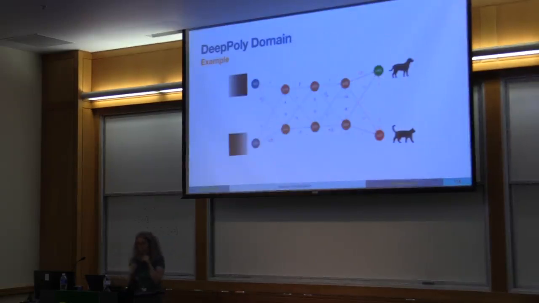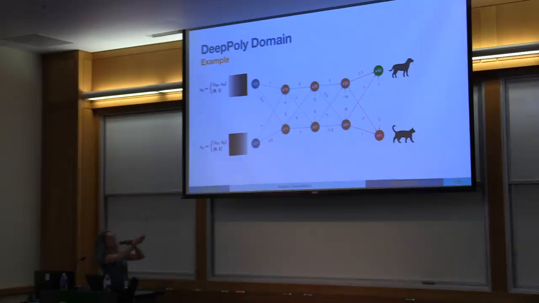I'll show the example. So this is the example modified to have this extra layer here, the one that the symbolic domain was not able to verify. So here, at the beginning, nothing different happens. We still have these 0, 1 intervals, and these symbolic expressions for the lower and upper bounds.